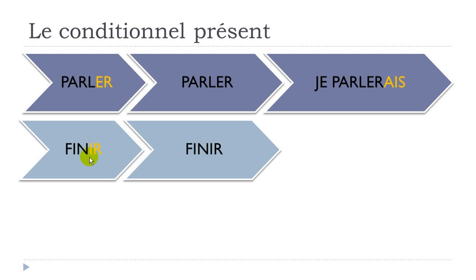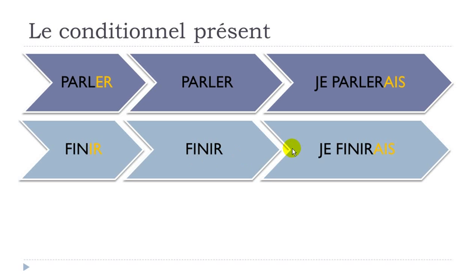You don't modify your infinitive form, you just keep it like that, all right? And after that, you add your ending. Je finirais. So AIS. Je finirais. All right, so it's quite easy. You keep your basic form, your infinitive form, and right after, you just put the ending.